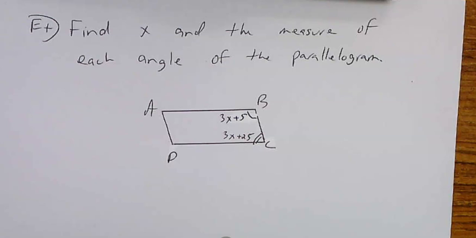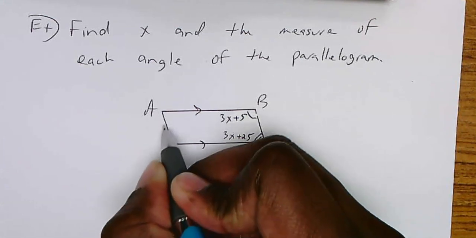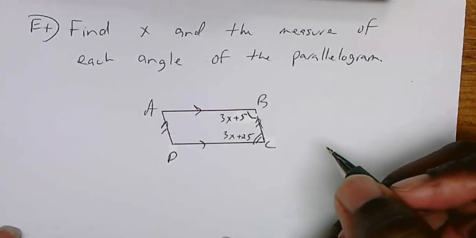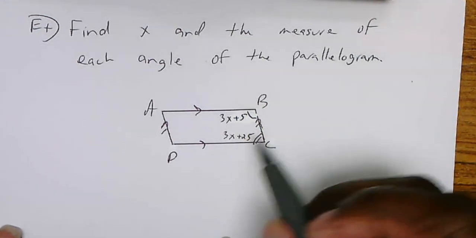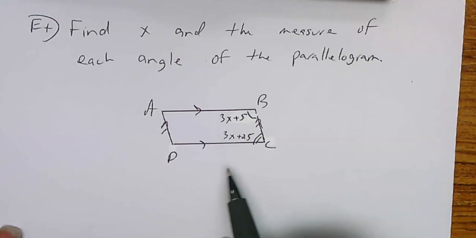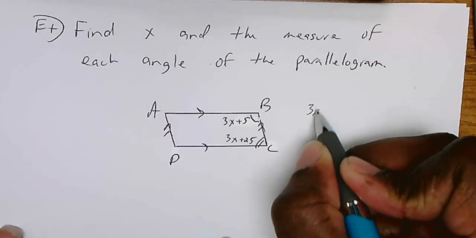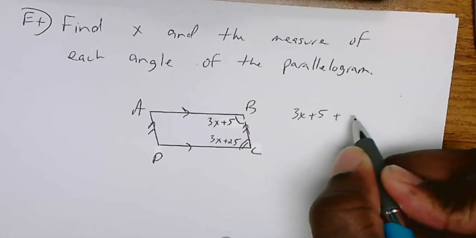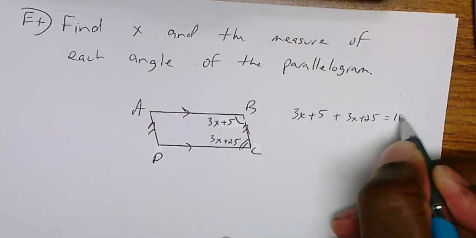All right, it says find x and the measure of each angle in the parallelogram. So I know these sides are parallel and these sides are parallel because it says a parallelogram. It told me angle B is 3x plus 5, and it told me angle C is 3x plus 25. So I know the first angle, 3x plus 5, plus the second angle, 3x plus 25, equals 180.